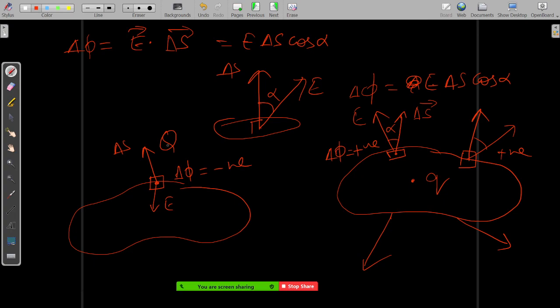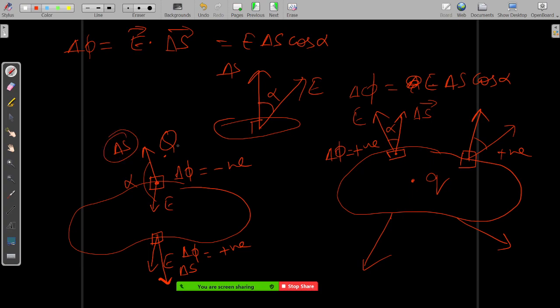But again, with the same charge, if you find it at this other surface, the electric field is outside again, and delta S is again outside, so delta phi will become positive here. Here the electric field is entering inside, so angle alpha will be more than 90 degrees, and the flux will be negative. Outward normal is called the direction of delta S.